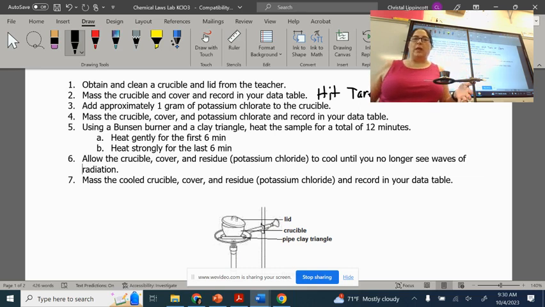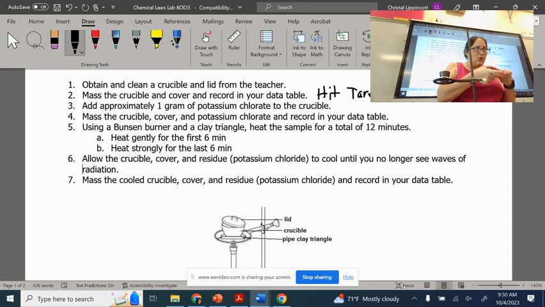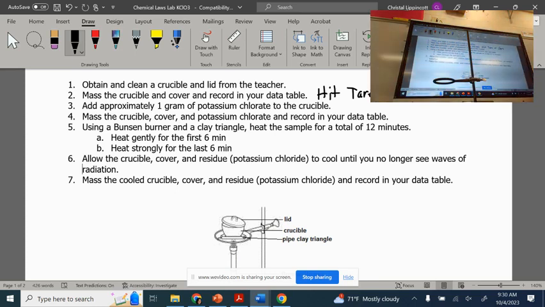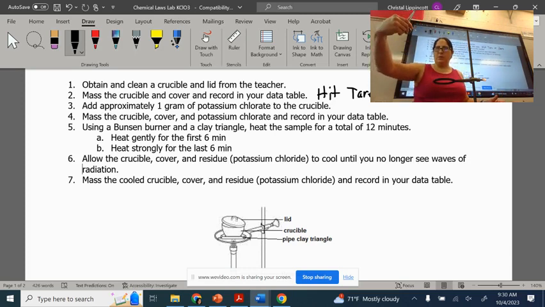You're going to need to allow this to cool. There's going to be a little white tile at your table. That white tile is what you're going to set the crucible on when you're done with it. And you need to use crucible tongs. These are what crucible tongs look like. Did we talk about these already this year?